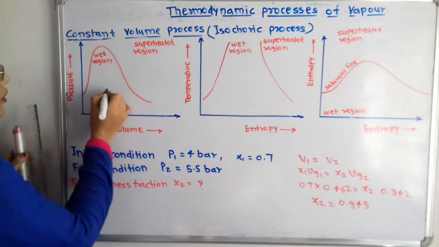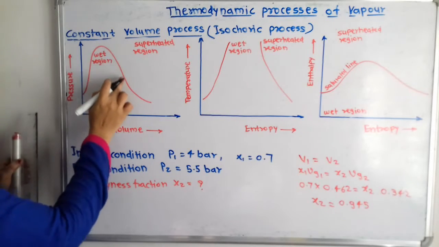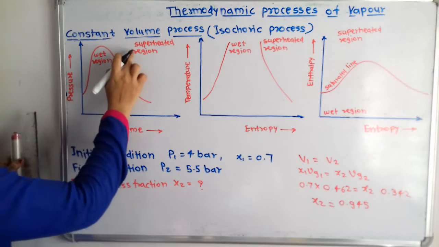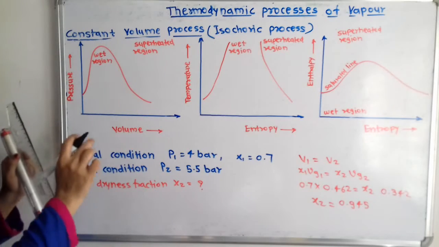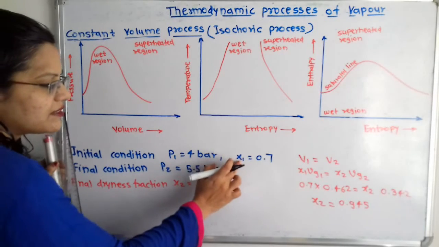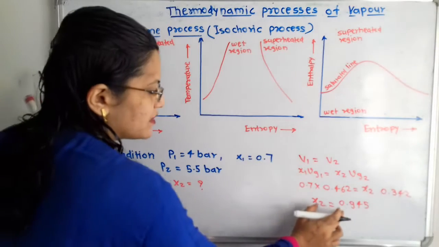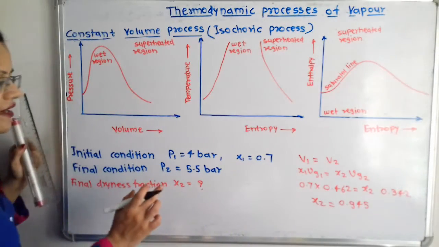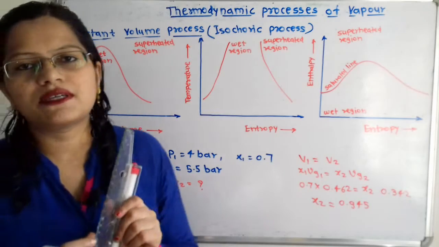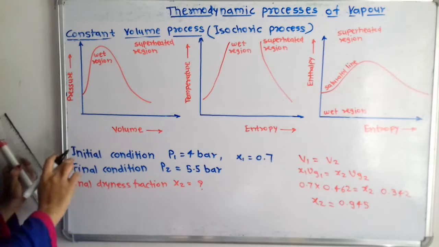So here if we observe, this is the pressure volume diagram. This is the wet region inside this saturated line and here is the superheated region. Now if we observe, at 4 bar there is the dryness fraction 0.7 and at 5.5 bar there is the dryness fraction 0.9. That means at the initial and final condition steam is wet. So we have to show the diagram inside this wet region.